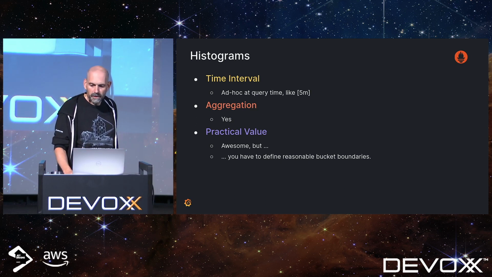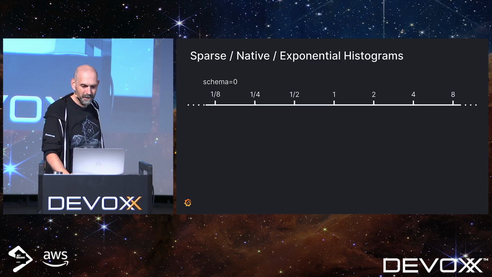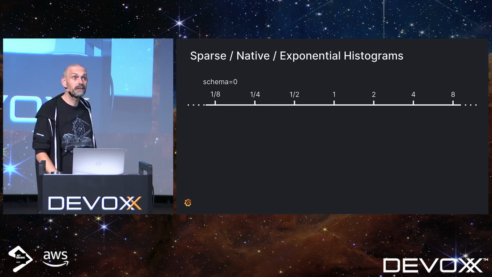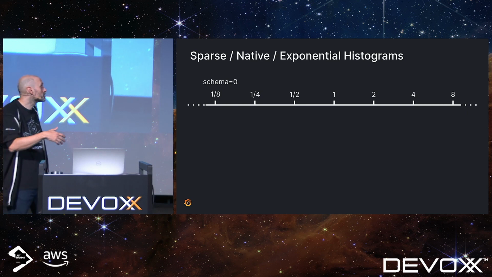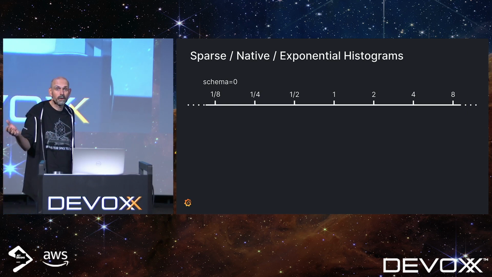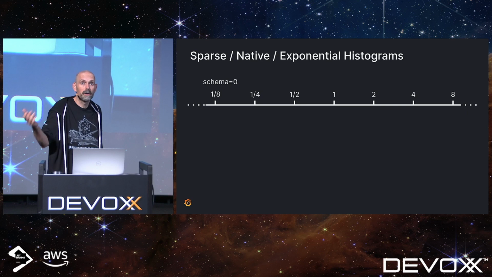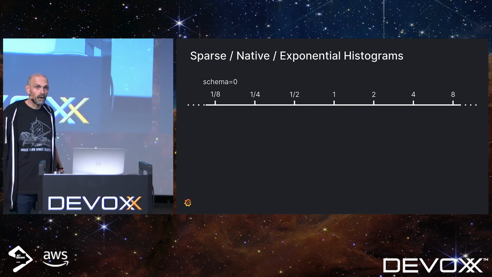So there is a new development that tries to fix this problem. The underlying ideas are not very new. What's new is that this is now implemented and picked up by major open standards like Prometheus, OpenMetrics, or OpenTelemetry metrics and so forth.